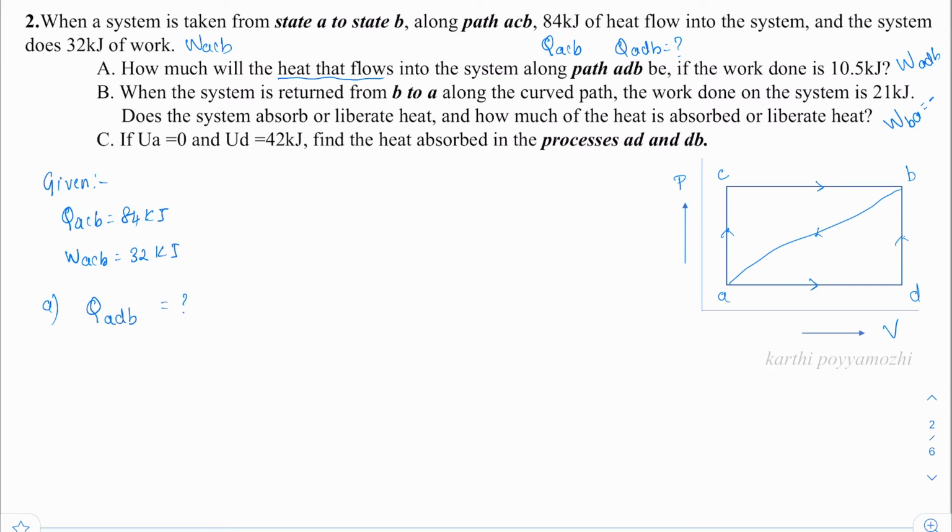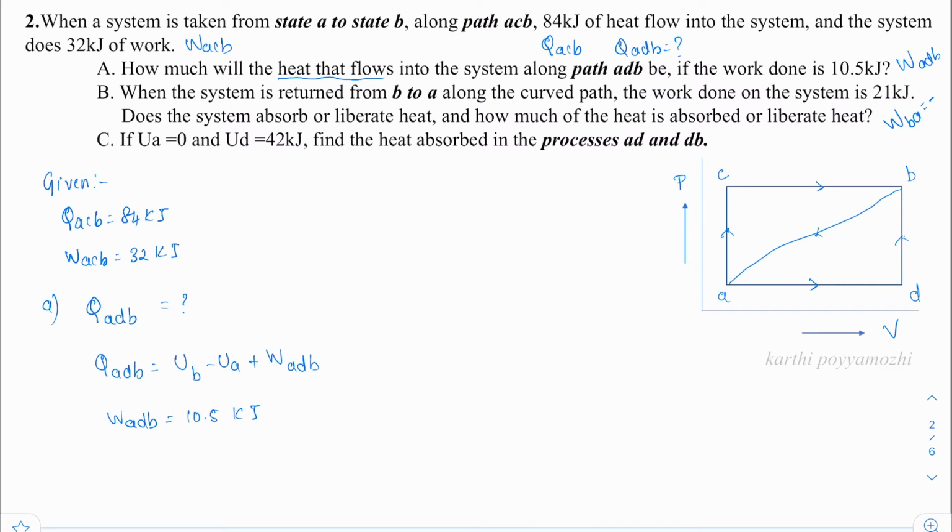From the first law of thermodynamics, Q of ADB is equal to the change in internal energy, UB minus UA, plus W of ADB. We have the work done in this process, W of ADB, which is 10.5 kilojoule, but the heat transfer and the change in internal energy are unknown.